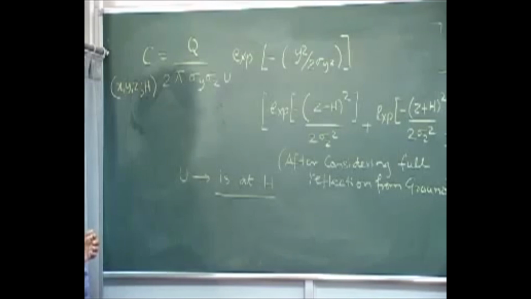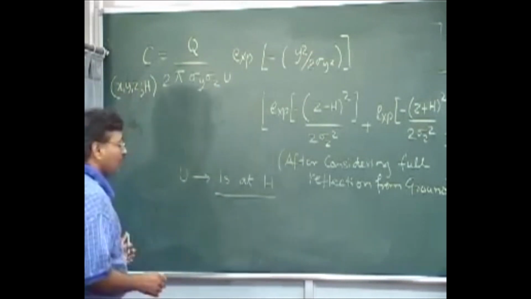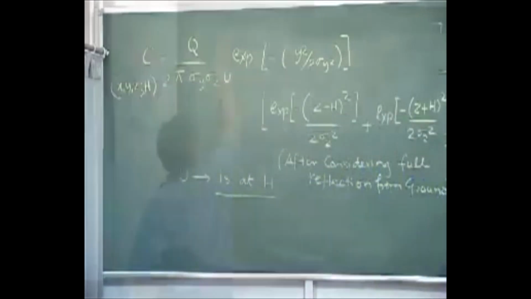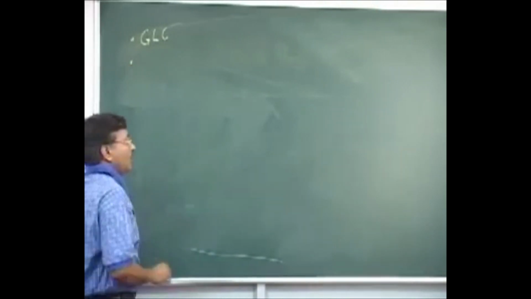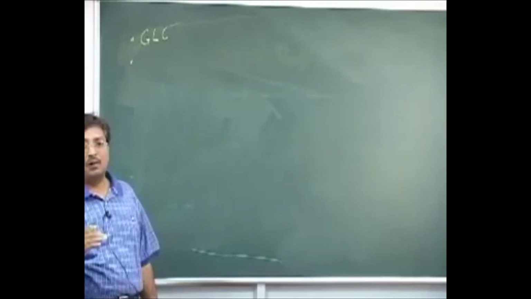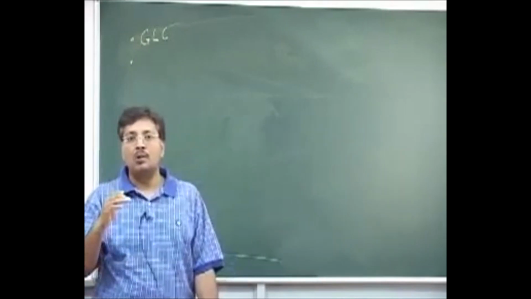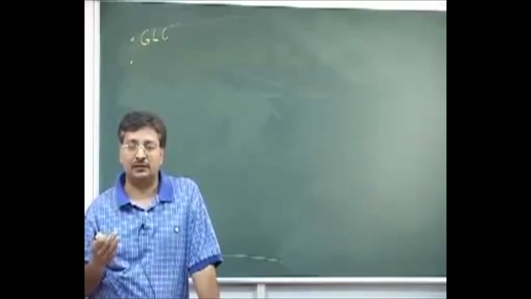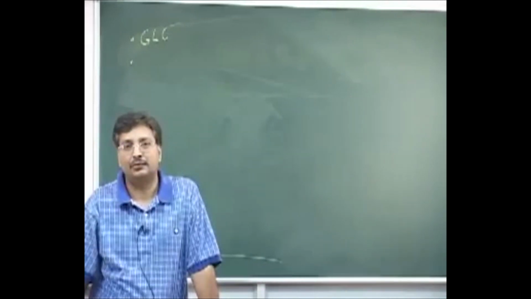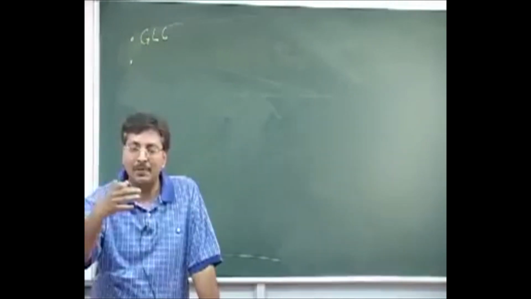Okay. Now I will very quickly do some variation of this one. Sometimes I am interested in only ground level concentration. At the ground level, what value of y do you expect the concentration to be more? We want to see the maximum impact.